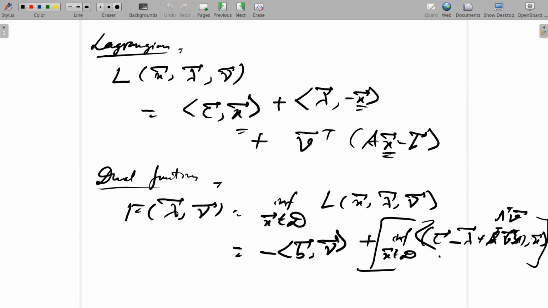If this quantity is not equal to 0, then, as a function of lambda and nu, this is actually a linear function, right? So unless this is equal to 0, it will blow up, go all the way to infinity. Okay, so here x could be bounded, for example.